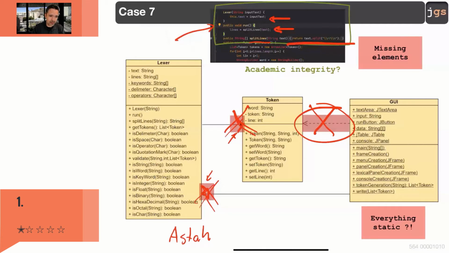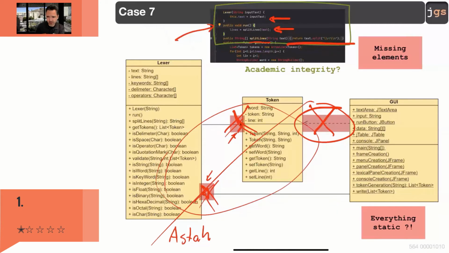Hopefully not, really, because academic integrity is a 0. I don't care if it's the code, the diagram, the PDF. If there is any academic integrity issue, remember, 0 the first time, the second is a report. So hopefully it's not the case. That caught my attention. My note here, please guys, methods with one line, do not do that.